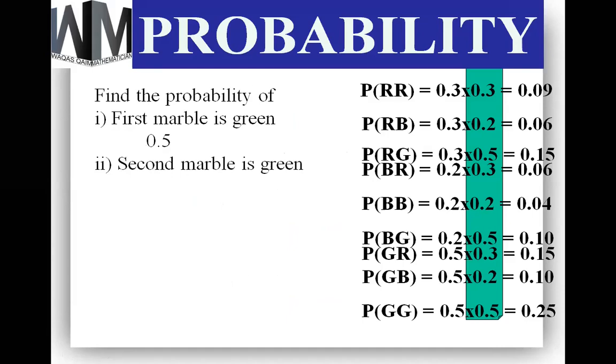And the second marble is green. So for the second green marble, we have to consider all the cases in which the second green marble is possible. So this and this, and I missed one here. So this should also be included.